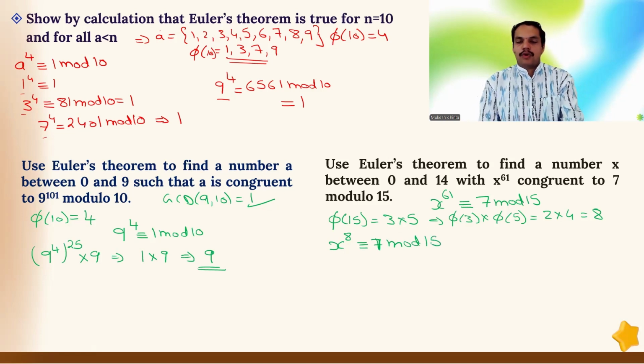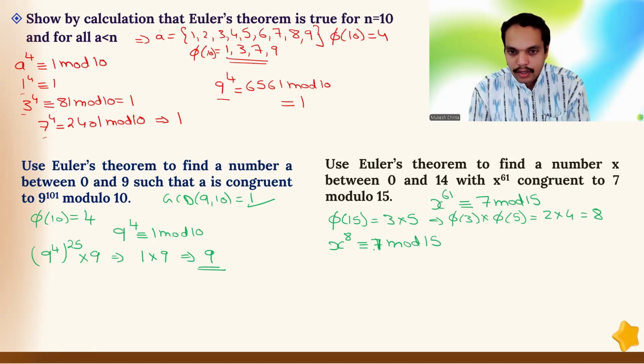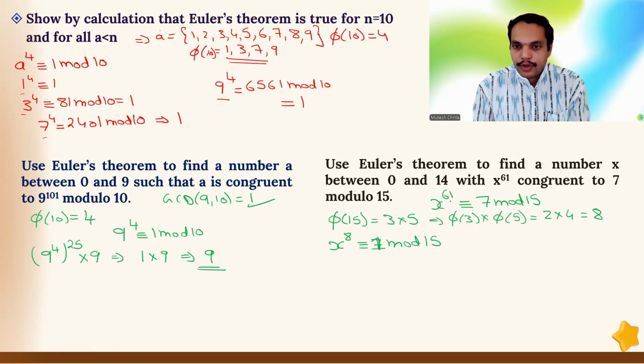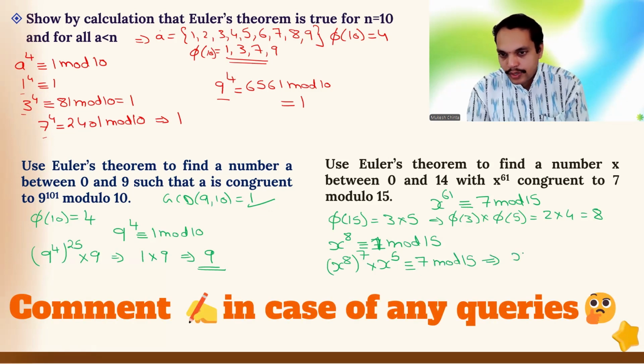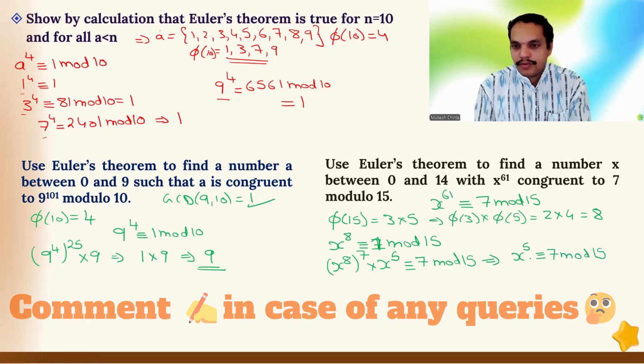Now in that case, I need to break down the 61. So x power 8 whole power 7, which is 56, into x power 5 is congruent to 7 mod 15. Once I get this equation, it comes down to x power 5 is congruent to 7 mod 15. What is the value of x?